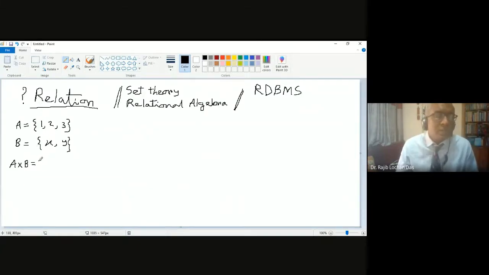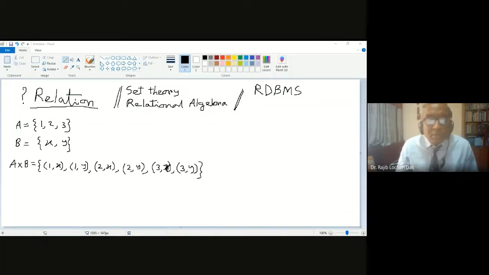So that set will be like 1x and 1y and 2x, 2y and 3x, 3y. These are the elements in the product set. The product set is A cross B.